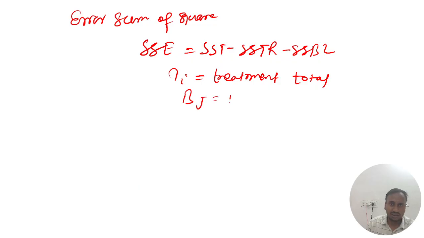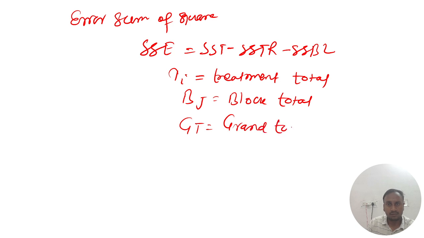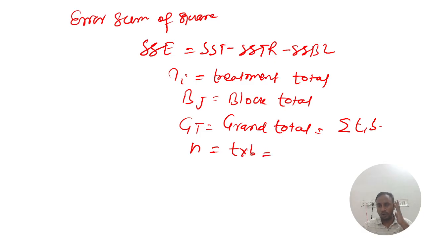Bj is actually a block total. Then we have the GT, grand total, summation of T and B. Then N is equal to T into B. How many treatments and how many blocks are there? Okay.